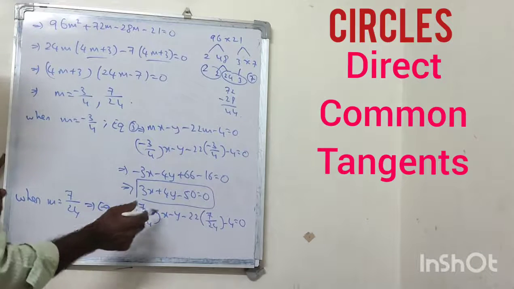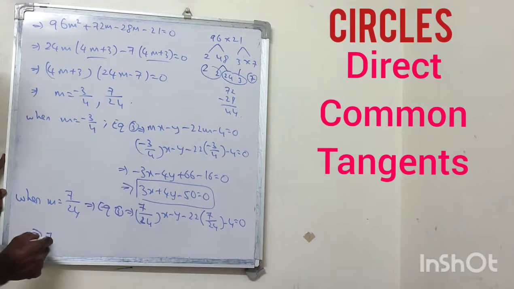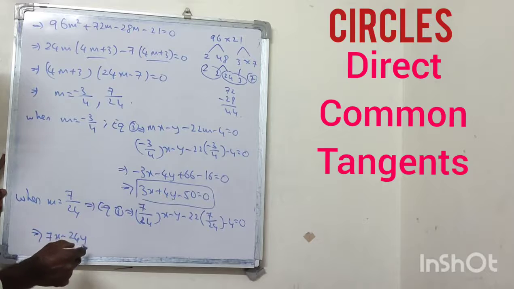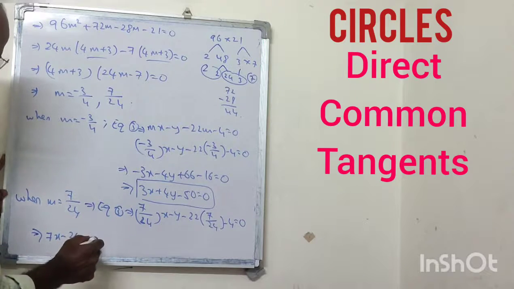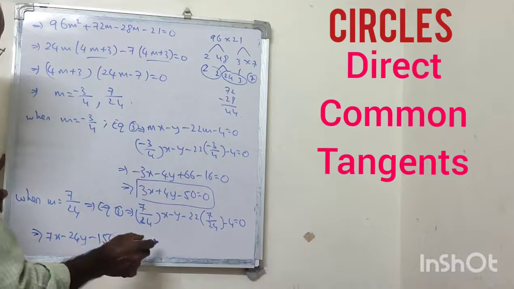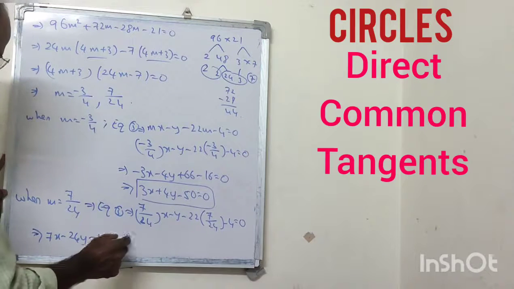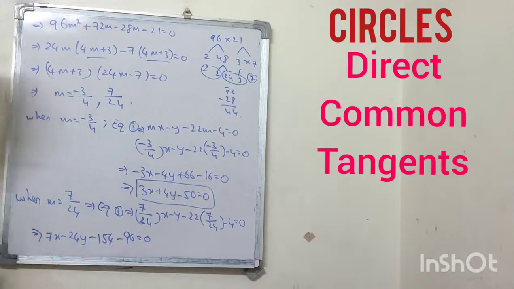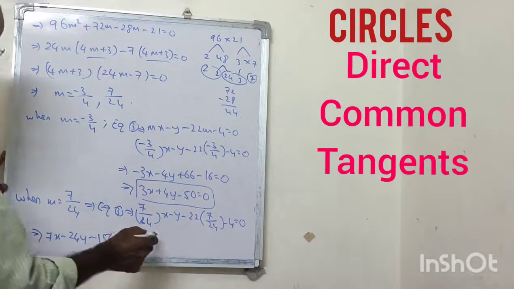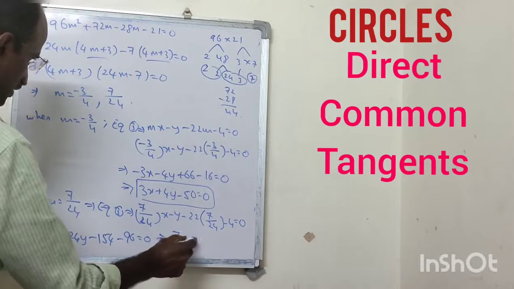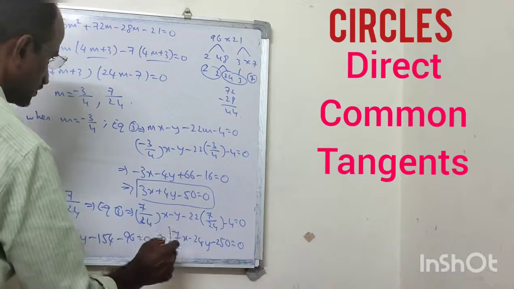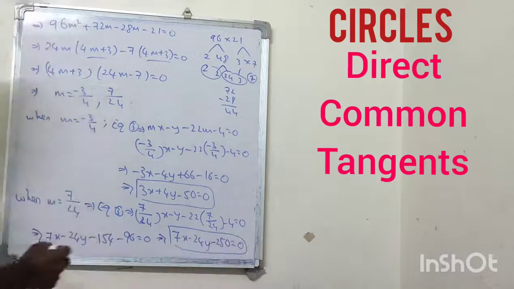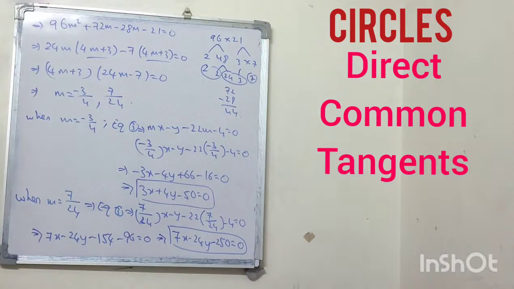Now this gives 7x minus 24y minus 22 sevens, 154, minus 24 fours, 96, equals 0, and this gives 7x minus 24y minus 250 equals 0. So this is the second direct common tangent.